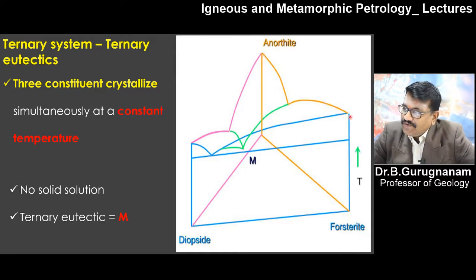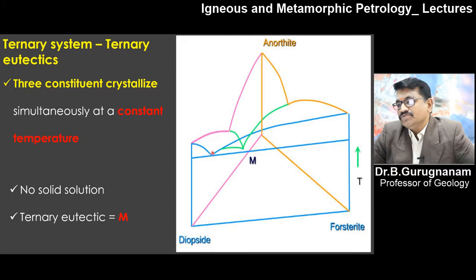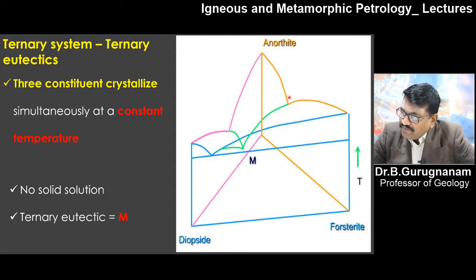At this point, forsterite will start to form. At this point, diopside will start to form. What this figure signifies is that this is a line at which forsterite and diopside will form together at this point. This is called a binary eutectic point, and this is called a binary eutectic point of anorthite and forsterite.